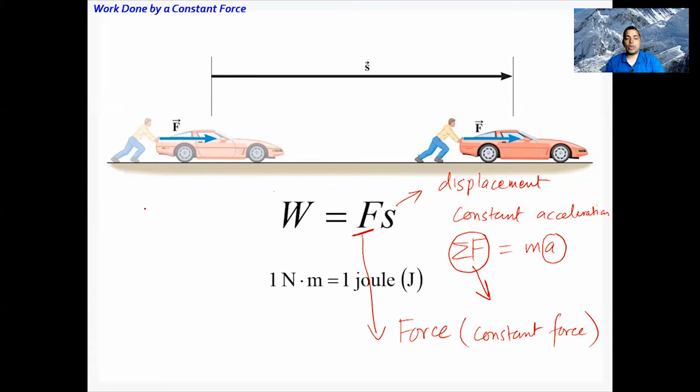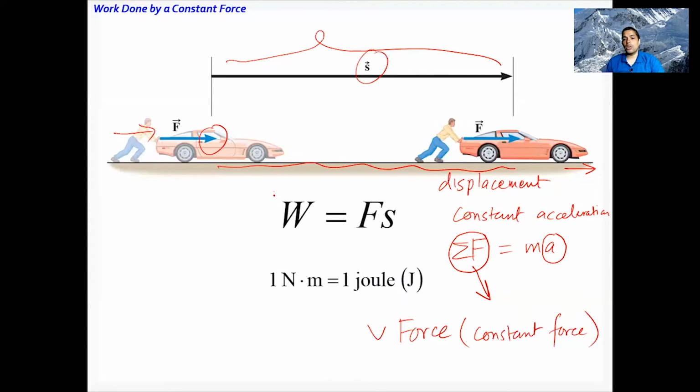Look at this example: this guy is pushing the car to the right by a displacement of S. The force and displacement have the same direction, so work equals F times S.